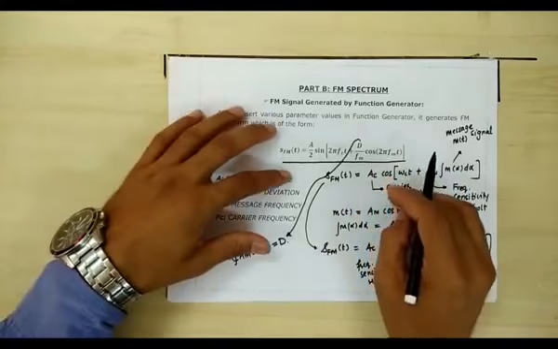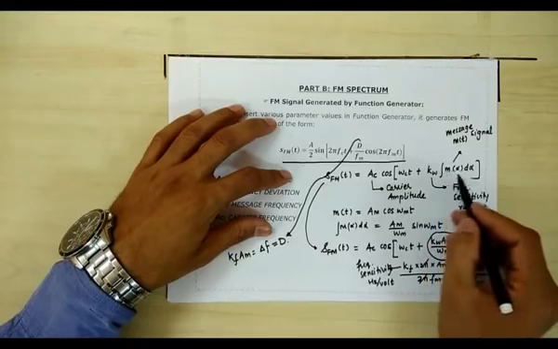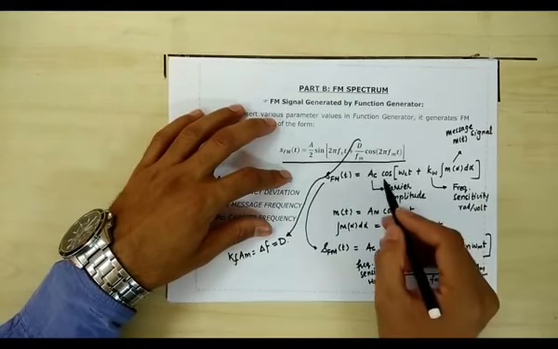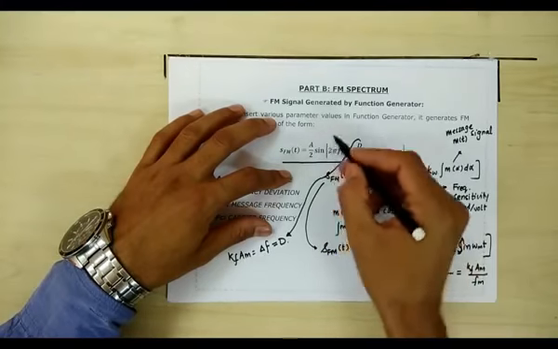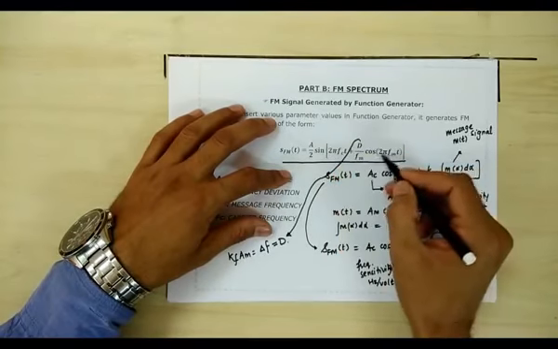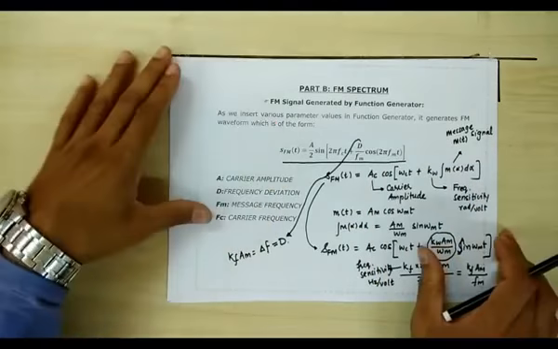So this is the usual equation we do in the class, and this is the equation which is implemented in the function generator. One more change is there. Since we have taken cos for the message and also for the carrier, here it is written in sine and the message is sine. So after integration it becomes cos in this equation.